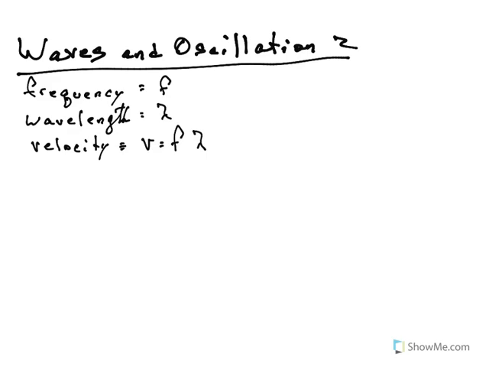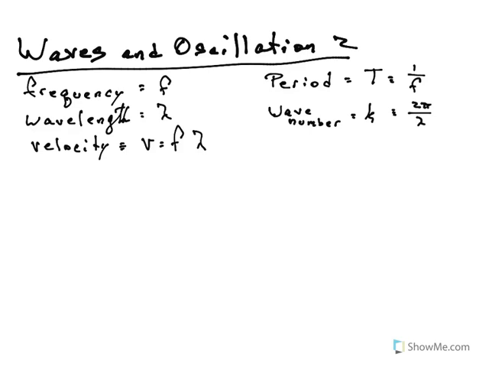And we also saw the period of oscillation, similar to frequency, is T, and it was defined as 1 over the frequency. And we had wave number, k, and it was defined as 2 pi over lambda.